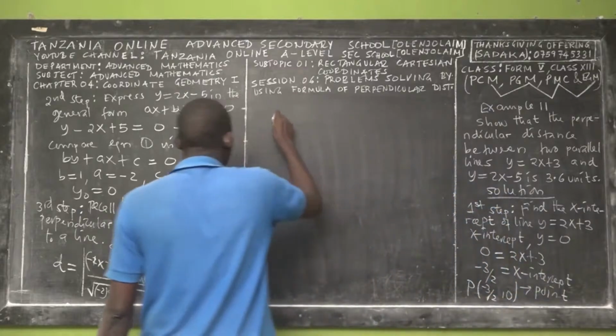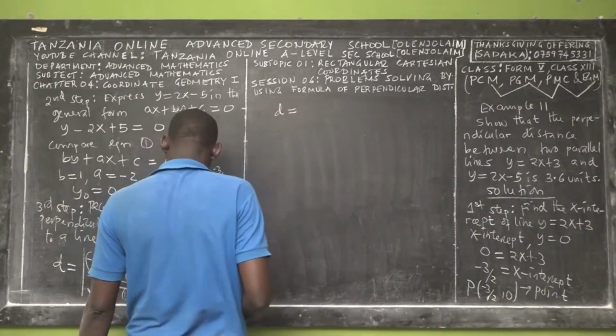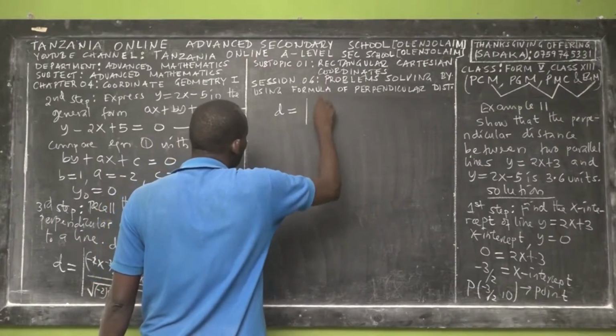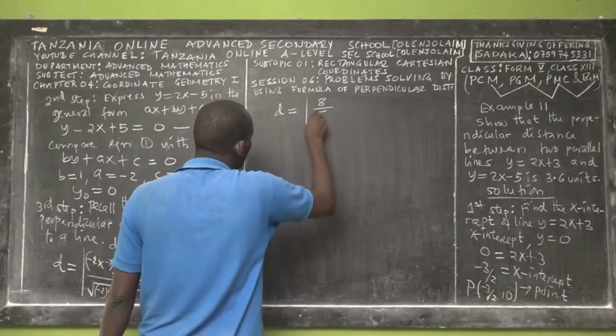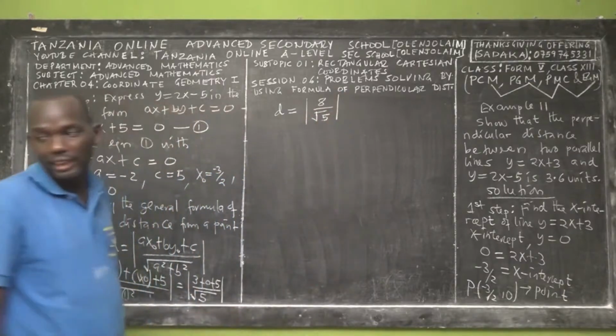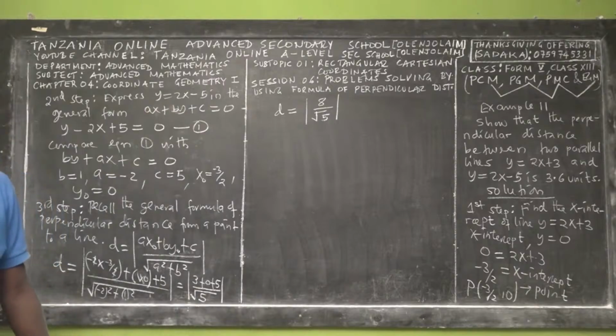So the perpendicular distance is equal to the absolute value of what? Of 8 over the square root of 5. That's the distance between the two parallel lines.